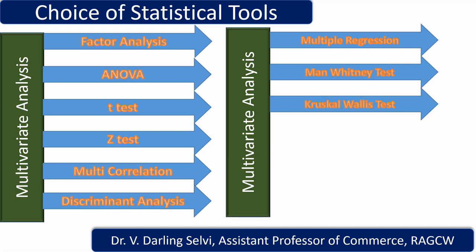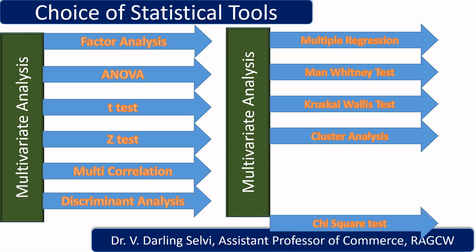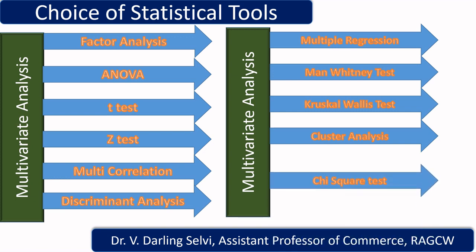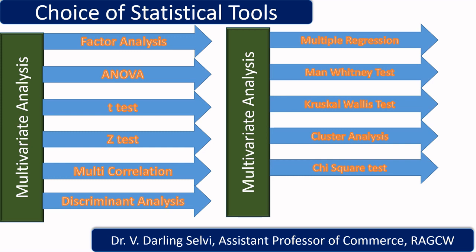Then the Kruskal-Wallis test, the same type. When we have more than two samples, we can go for this Kruskal-Wallis test. This is otherwise known as the H-test. The next is cluster analysis. This is helpful for grouping of items. When we have n number of customers, to study what type of customers they exactly are, we can apply cluster analysis.